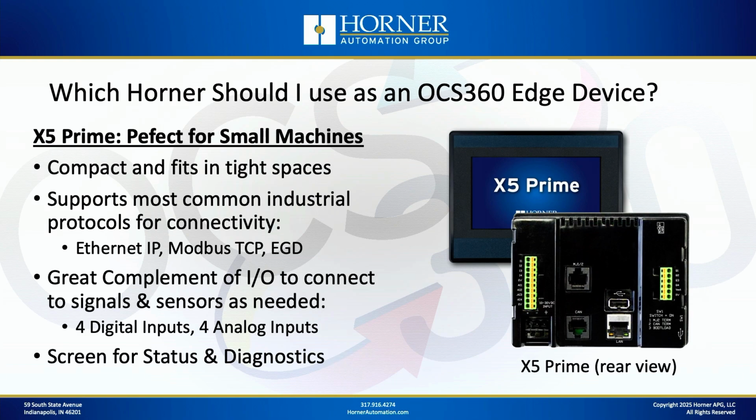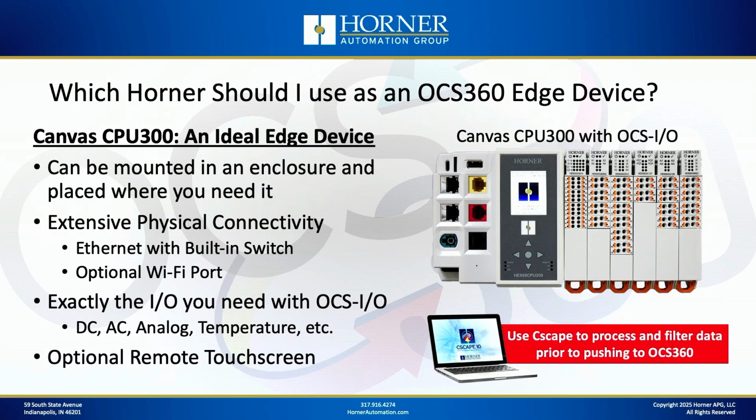that existing machine. But next we're going to talk about what I consider kind of the ultimate edge device when it comes to Horner products, and that is the Canvas CPU 300. So this product, again, is quite compact. It can be installed in an enclosure. Maybe it's an existing enclosure if there's room in that enclosure, or maybe a small additional enclosure, and it's got all the connectivity you could need for an edge device.